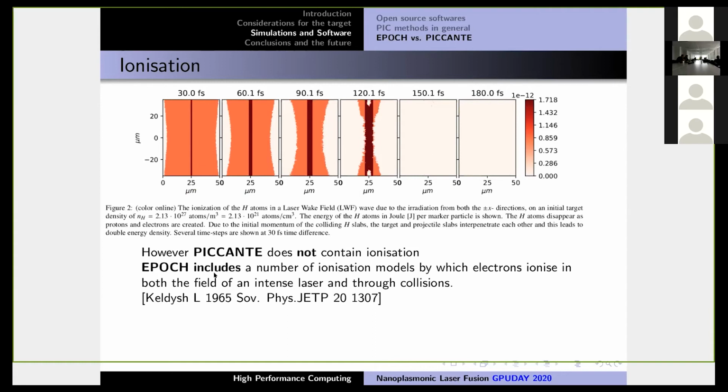The Epoch software does include multiple ionizations, from multiphoton ionization to tunneling ionization, and the Epoch code is used also in the ELI labs.